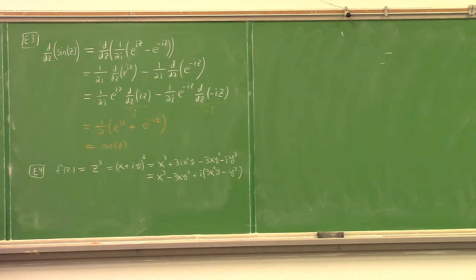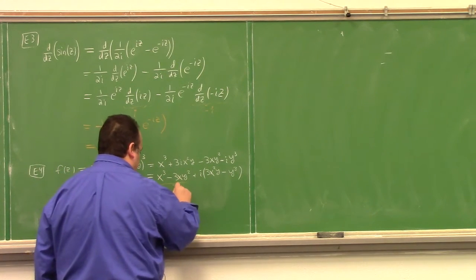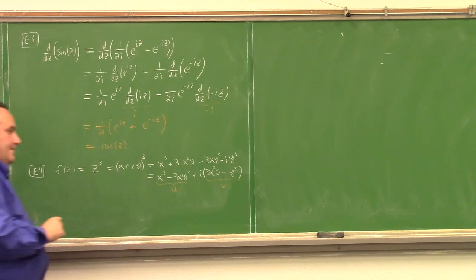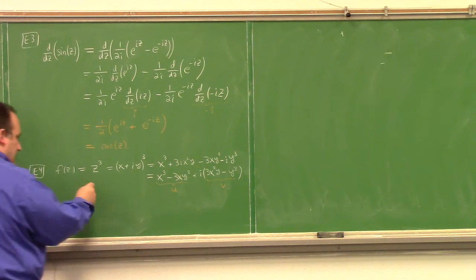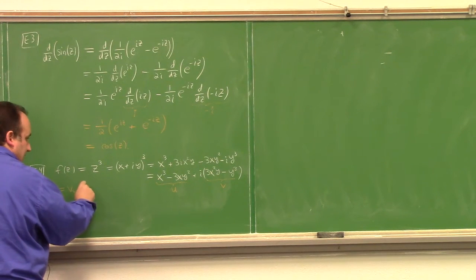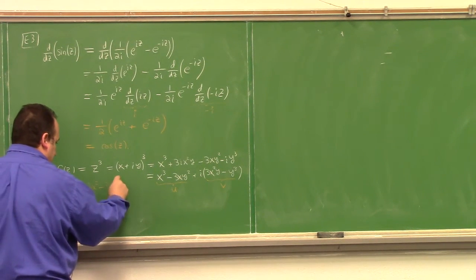So I'm mostly doing this because I want to give you another example of how to calculate the u and the v. I know we have a better way to do this in terms of calculus from the last class. But anyway, here it is, u and v, right? And you can check u_x is equal to v_y is equal to 3x squared minus 3y squared.